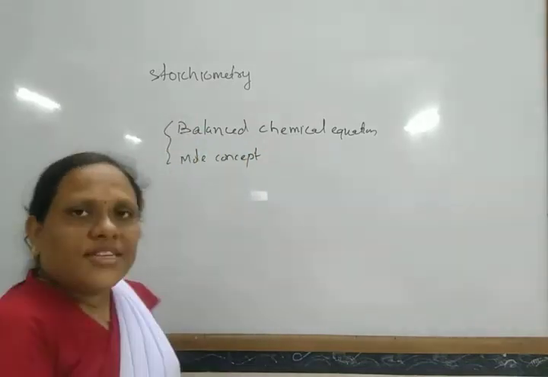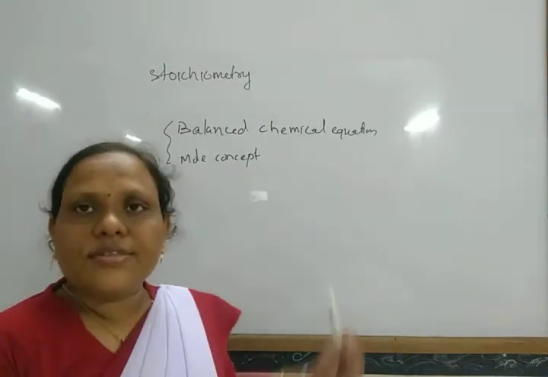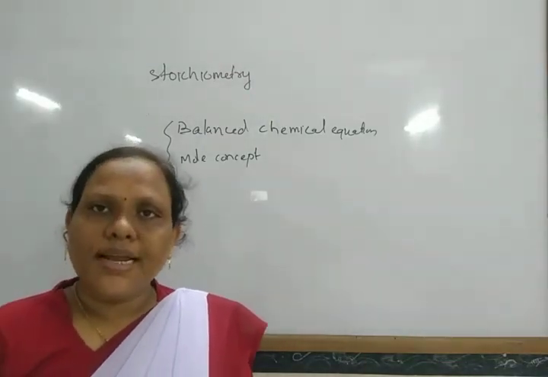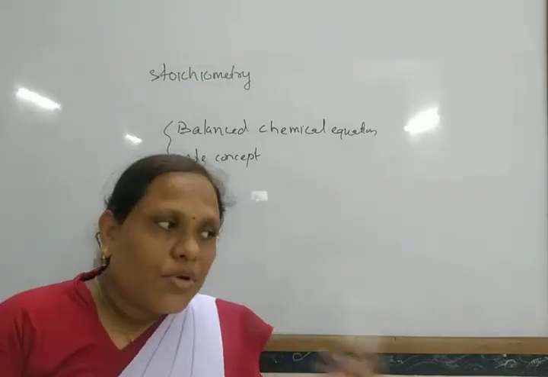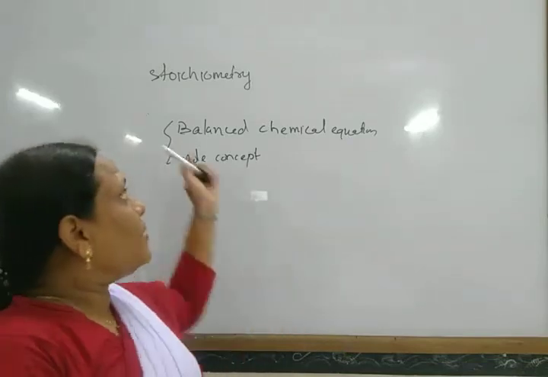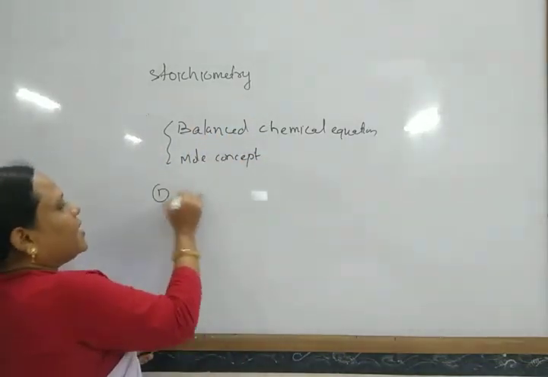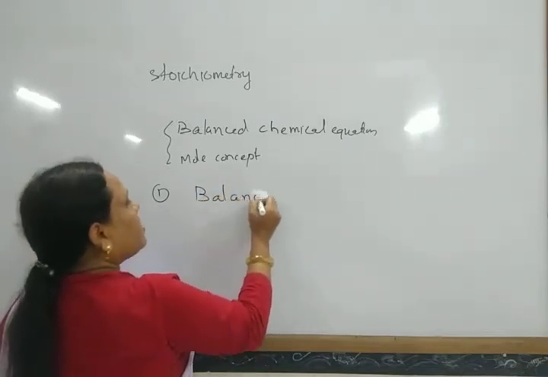Based on these two concepts, a balanced chemical equation and the mole concept, you can solve this type of stoichiometric calculation. So what do you have to do? First you have to write a balanced chemical equation.